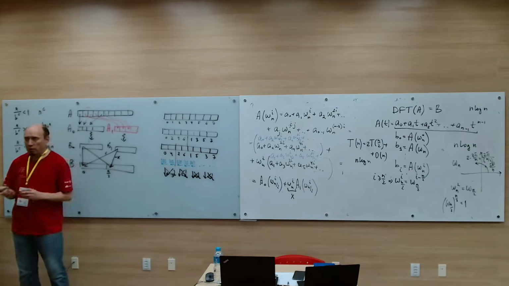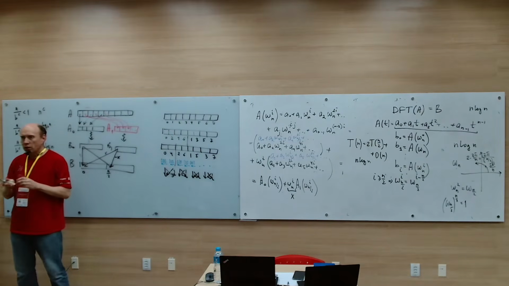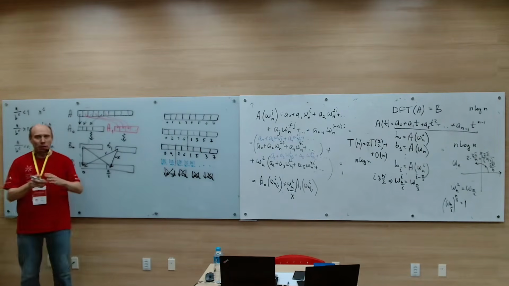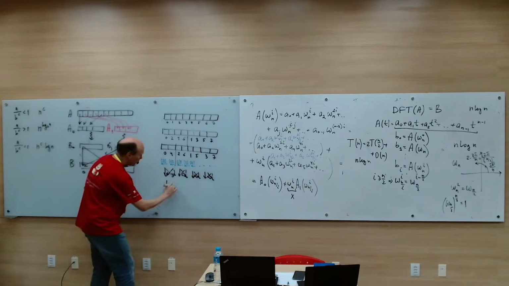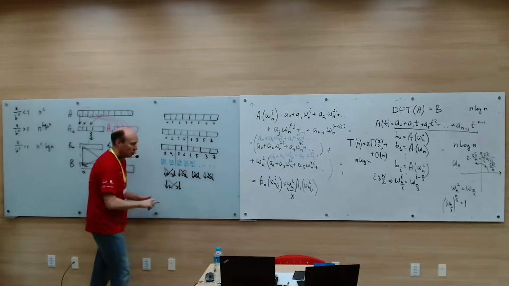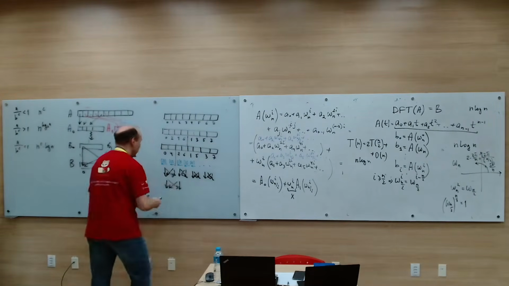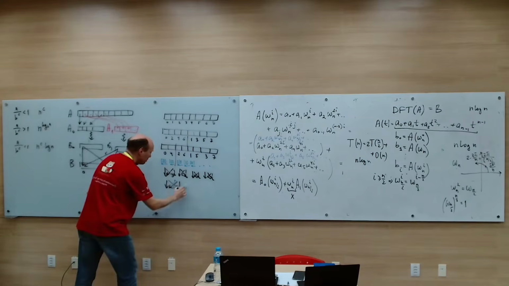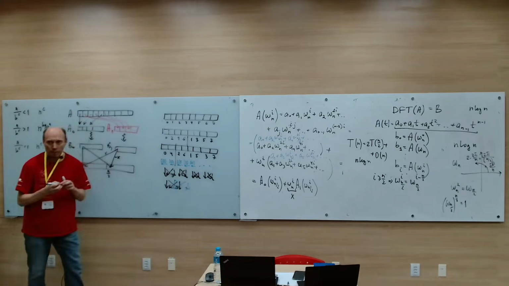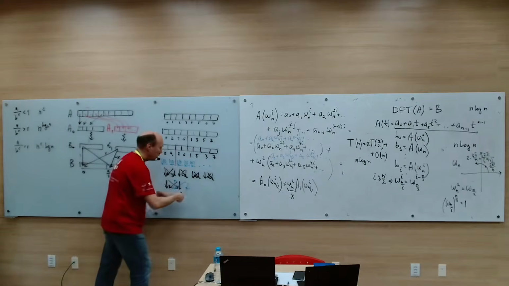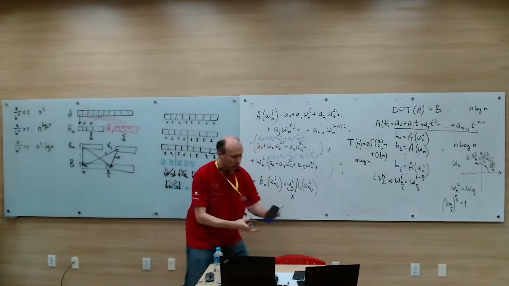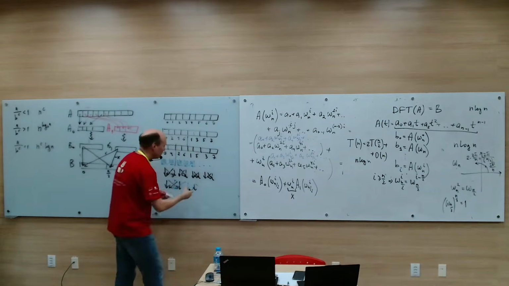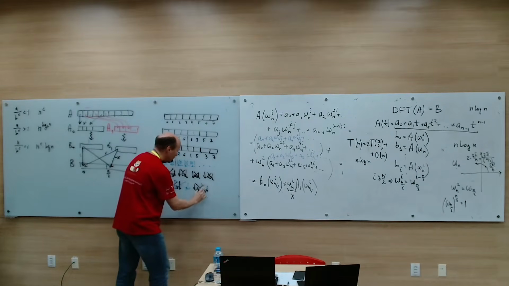At the second conquer stage, you have slightly larger butterflies of size 2 that go like this. So this one goes here, and actually the same one shifted by 1 goes here. And here it is the same.